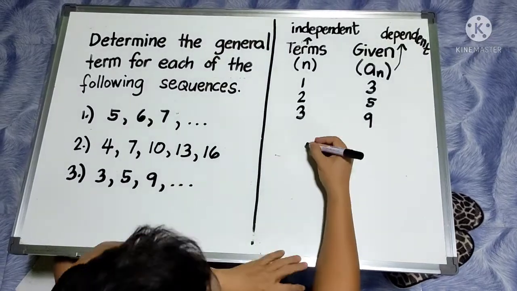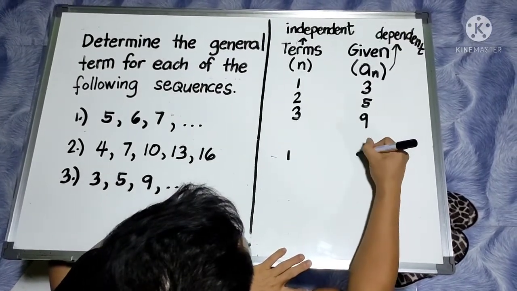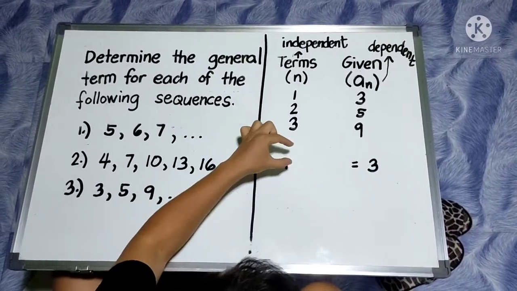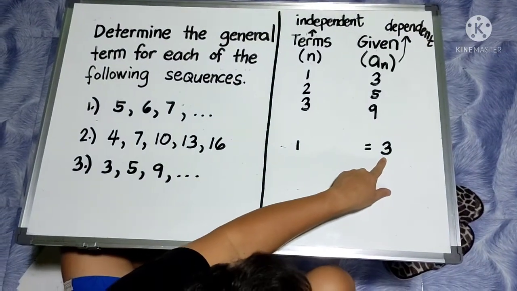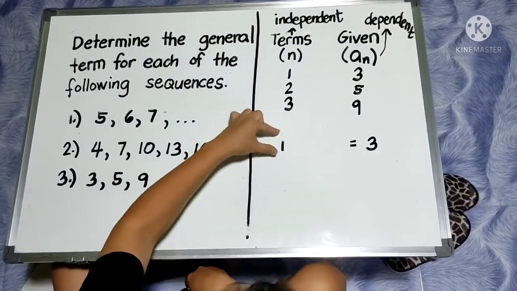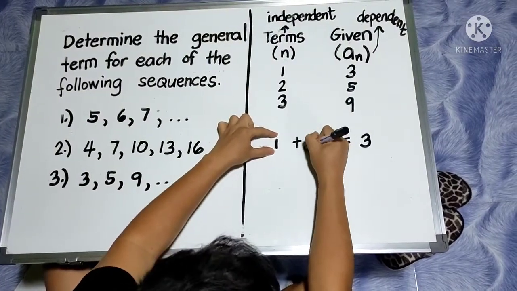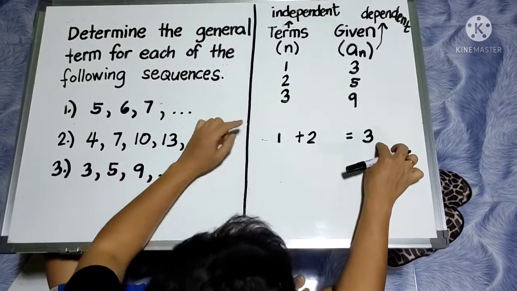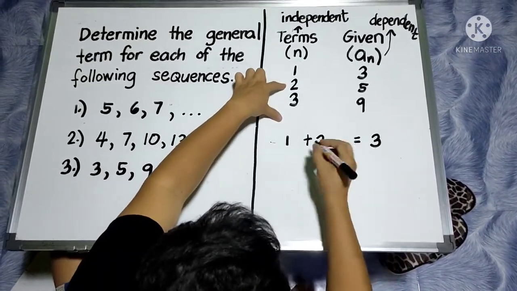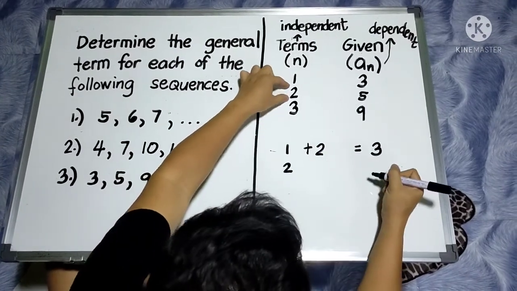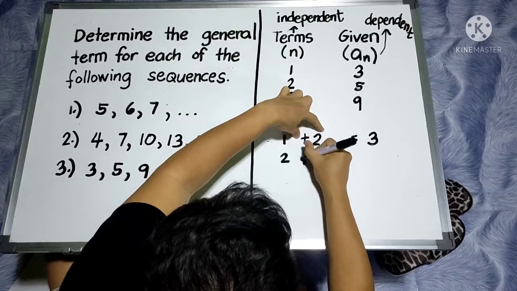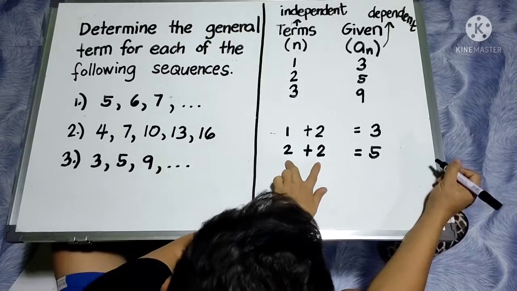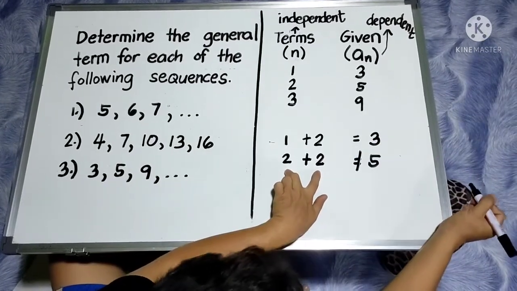So let's start solving. You write your 1 here. Your equal is 3. So, what are we going to do with our 1 to get 3? Of course, we'll start with addition. So 1 plus 2 is equal to 3. Now let us check if plus 2 is true to all. Proceed to the second term. 2, so you copy your n2, then copy this, plus 2 is equal to 5. 2 plus 2 is 4, and therefore it is not equal to 5.